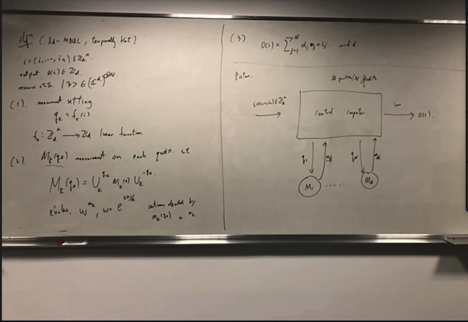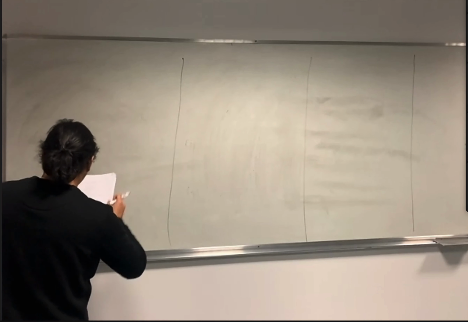Okay, now we are going to give an example of such a setting. As I remember, Simon gave NAND gates a few weeks ago. Now we're doing a different gate.